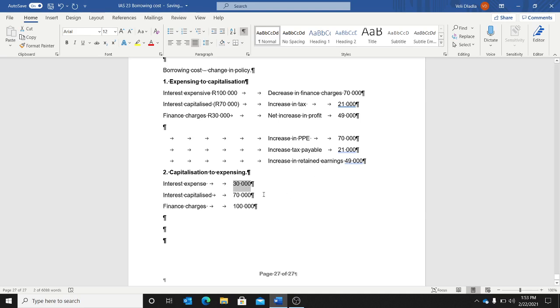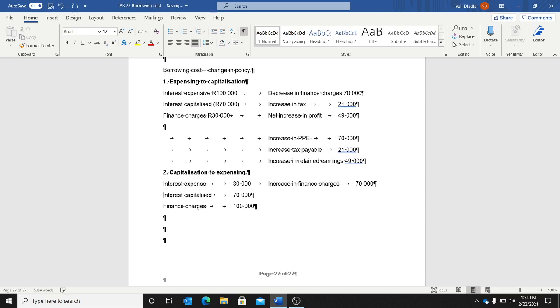By bringing back the amount that is sitting in PPE to here, you've increased your expenses in the income statement. So what will be the direction? Increase in finance charges, 70,000.